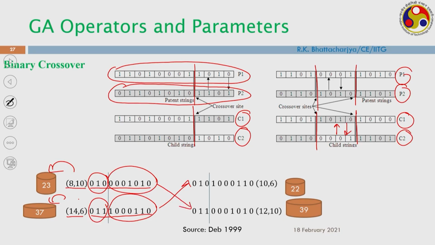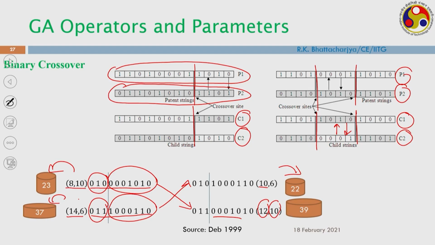So, you are getting two new solutions. If you decode the first, you get 10 and 6, and the corresponding objective function value is 22. For the second, you get 12 and 10, and the corresponding value is 39.